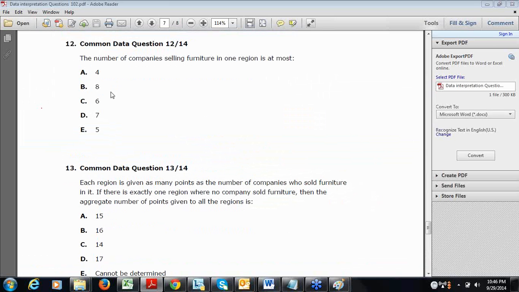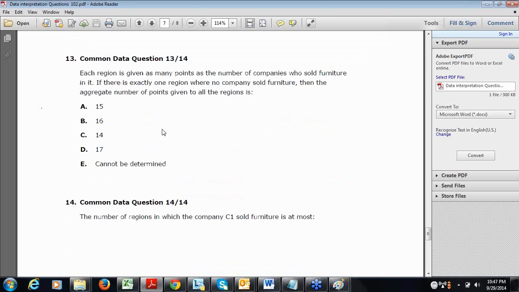C2 and C7 we are excluding because the number of competitors they have is 3 only. If you include those 3 competitors, the maximum you can have is 4 companies. But here we have to find a region which can have at most how many companies. So exclude C1, C2 and C7. So 5 companies are left. So we have option E, 5. We'll go ahead and mark that option.